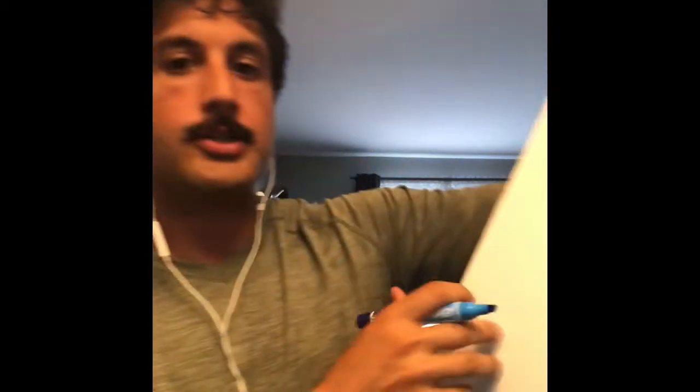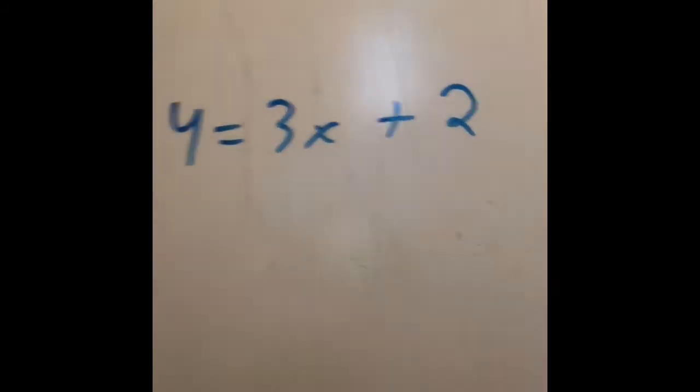What is a negative reciprocal? Let's say your equation is y equals 3x plus 2. There's the original line, y equals 3x plus 2. To be perpendicular, you need a negative reciprocal. So y equals negative 1/3 x, let's say plus 2, same intercept.